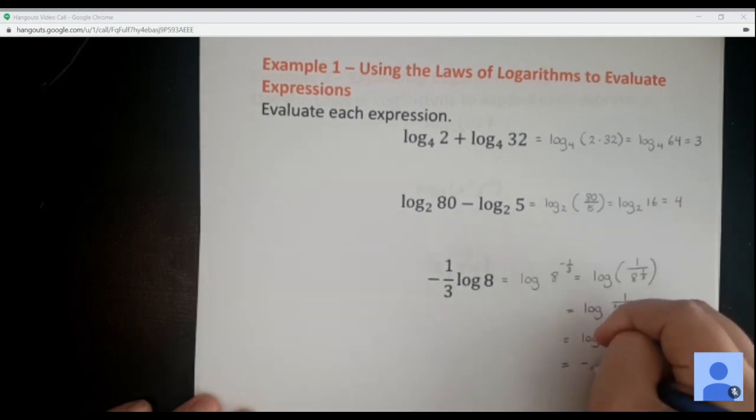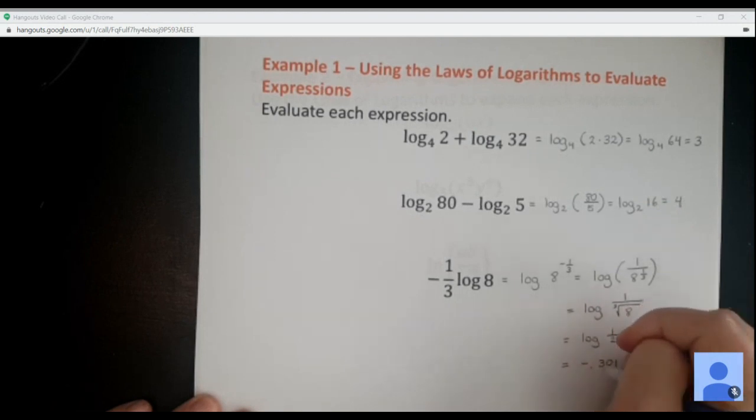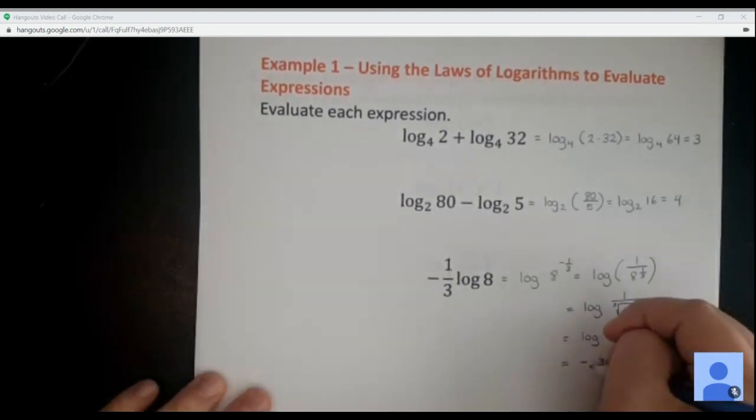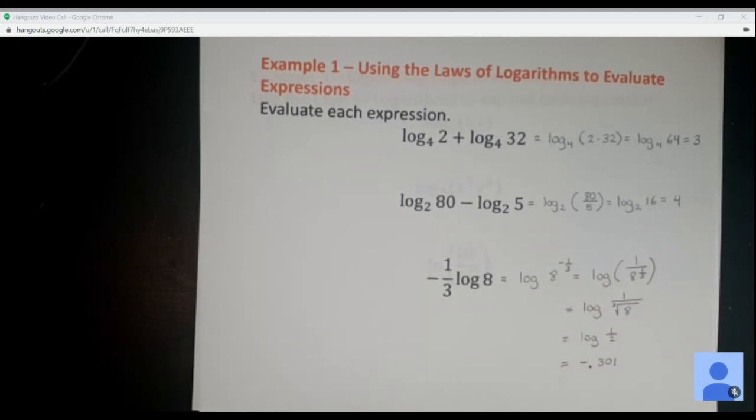Good. So negative 0.301, if we round it off, that would be our answer there. Any questions on that one?